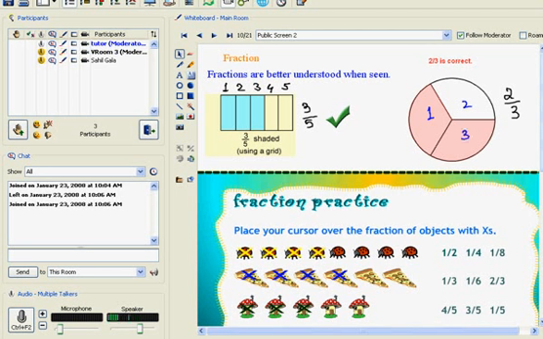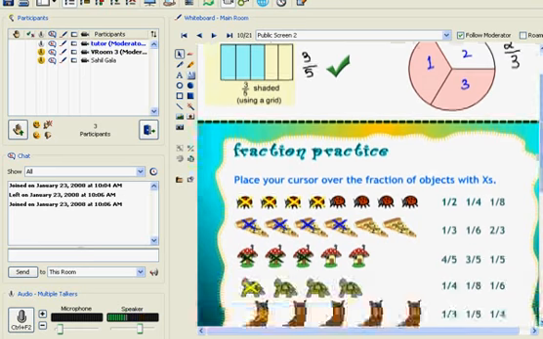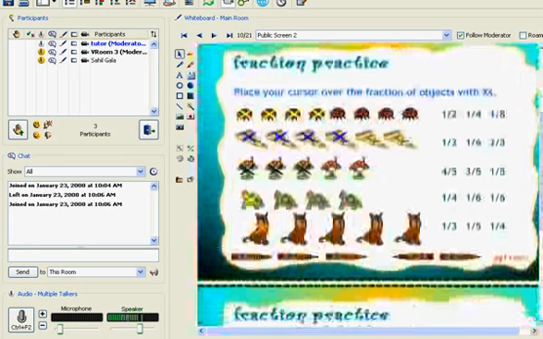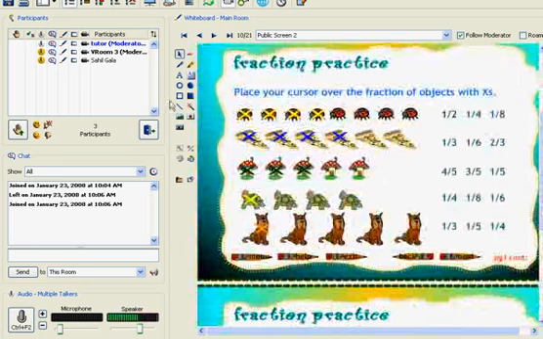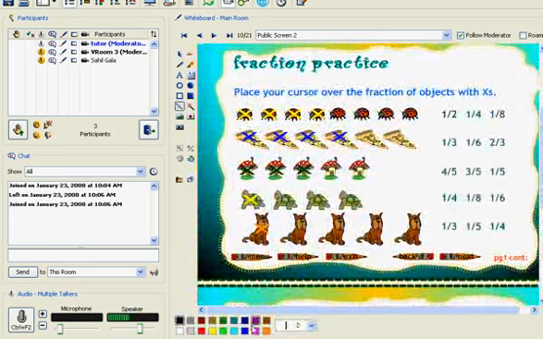Yes. Let's move on to the practice problems. See here, you are given a picture and then you have options of fractions here. So you have to tell me which of the fractions will correctly represent the picture that is given. Okay.